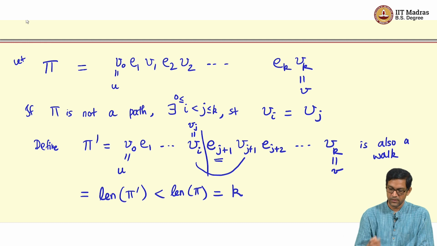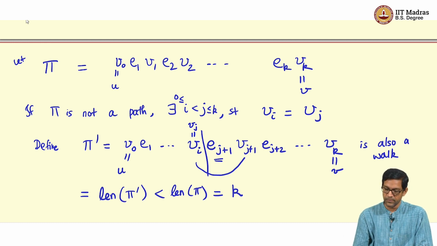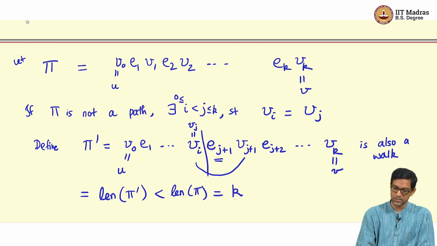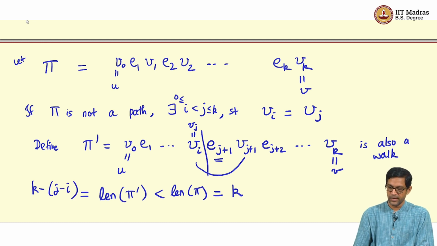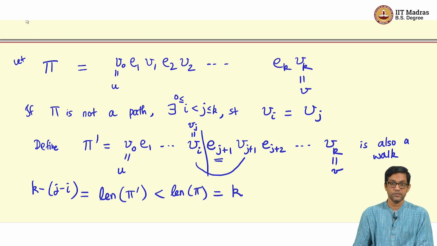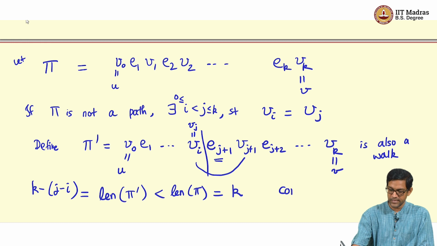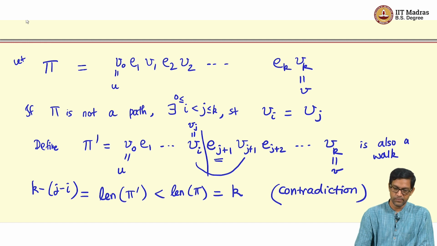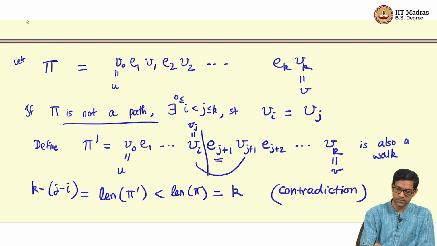I have gotten rid of all edges from Ei plus 1 to Ej. So, I have gotten rid of j minus i edges. So, it is k minus j minus i, okay, and j minus i is strictly positive. So, it tells you that the length of pi prime is strictly smaller, and that is your contradiction. So, we have basically proved this by contradiction. We assumed that pi was a walk which is not a path. That was our assumption.